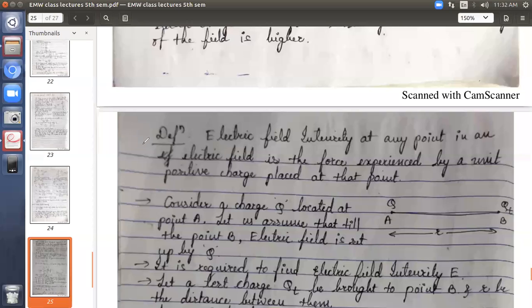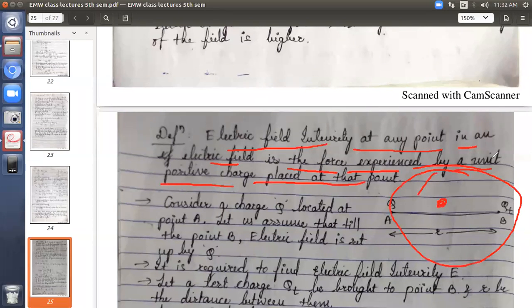So how can we define electric field? Electric field intensity at any point in an electric field is the force experienced by a unit positive charge placed at that point. Suppose you have a point charge, and we know that whenever a charge exists, some field will be set up around it.